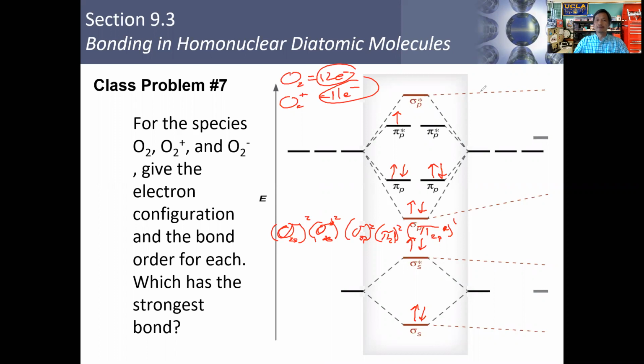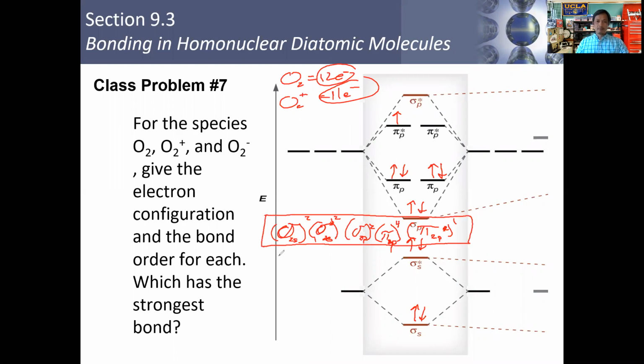I'm sorry, there are 4 electrons in the pi 2p bonding. Sorry, the board's not working too well, but anyway, you get it. Pi 2p bonding has 4 electrons, so we have 2, 4, 6, 10, 11. That's the electron configuration for O2 plus.